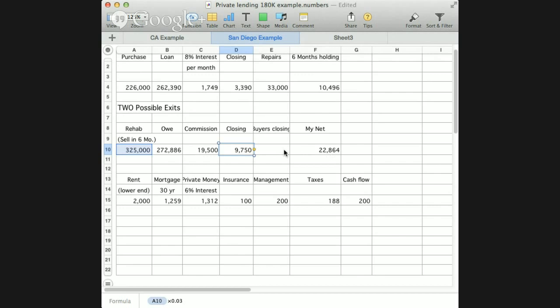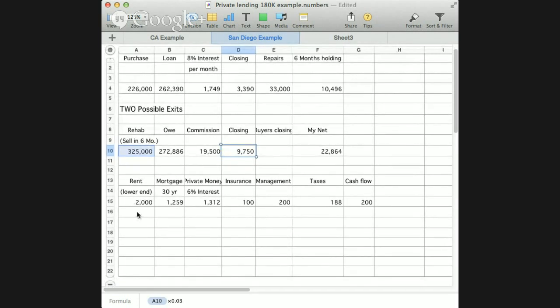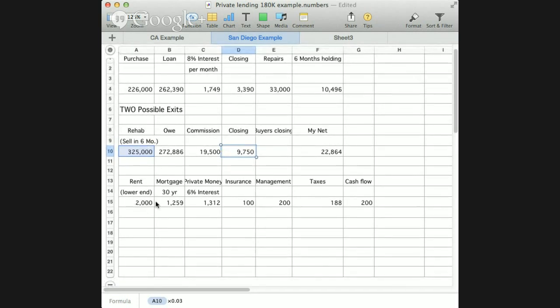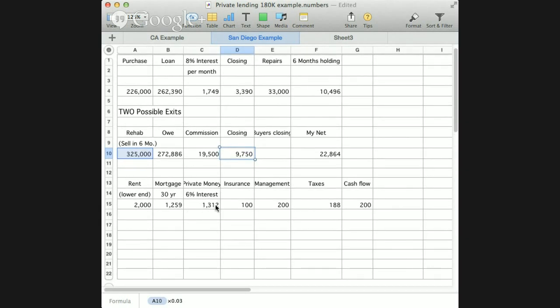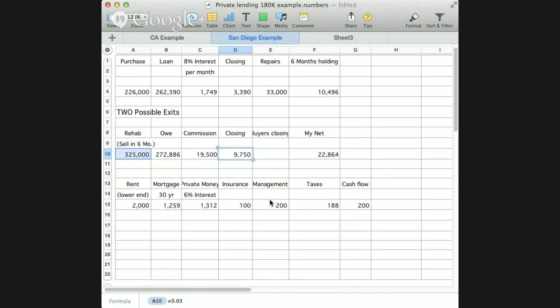If, for example, prices went down and you didn't really want to sell it until you could make a little more money, you could rent that house for about $2,000 a month. You could get a 6% interest rate from your private money lender. Insurance, management, and taxes, you would still have a cash flow of about $200 a month.